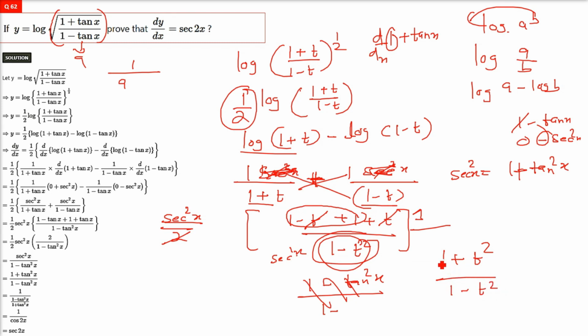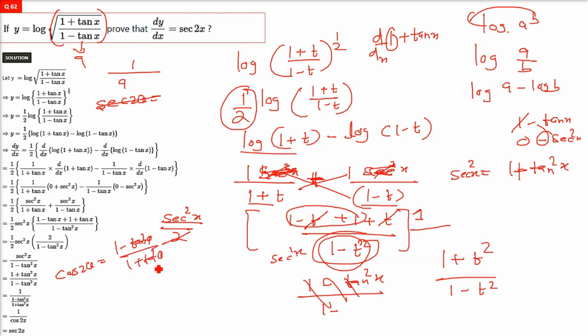Now, we know that the value of cos 2 theta is 1 minus tan square theta by 1 plus tan square theta. We already know that from our trigonometry. Cos 2 theta is 1 minus tan square theta divided by 1 plus tan square theta.